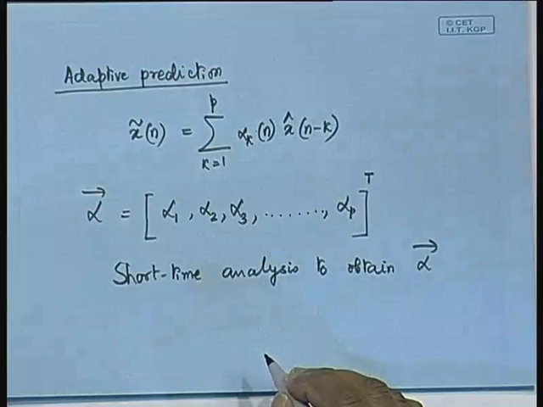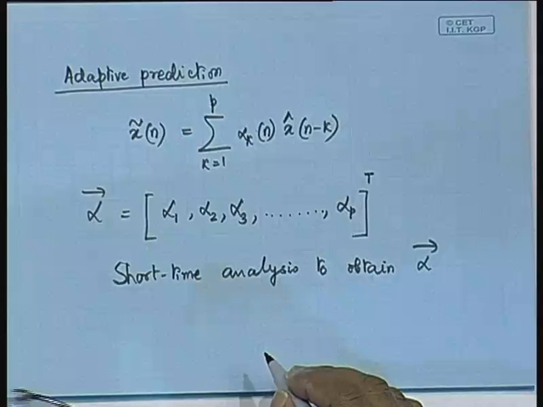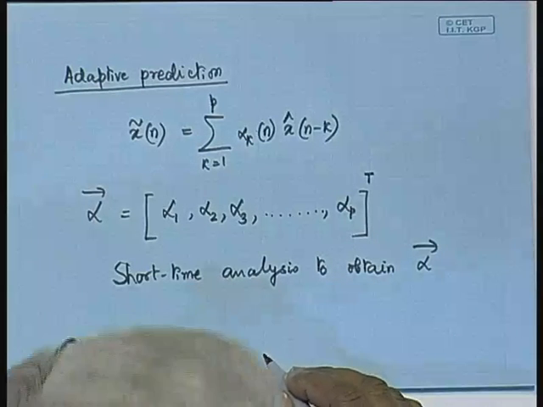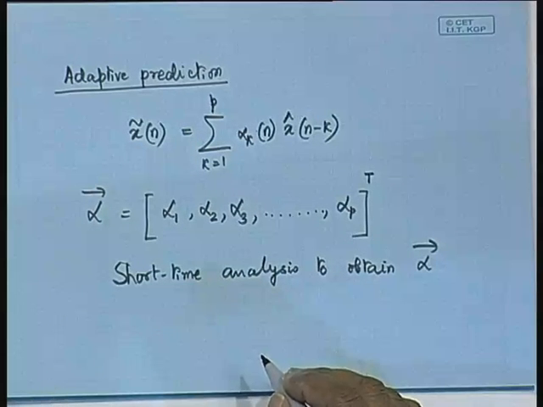See, because the speech waveform is a quasi stationary process, it is not a stationary process. If it is a stationary process, then we would not have done any short time analysis.